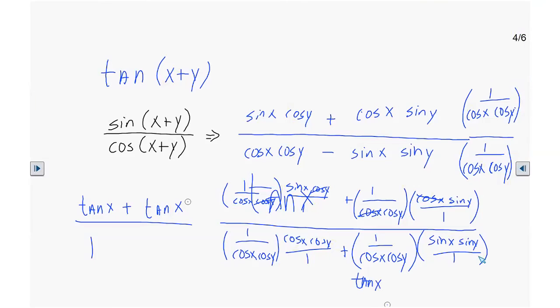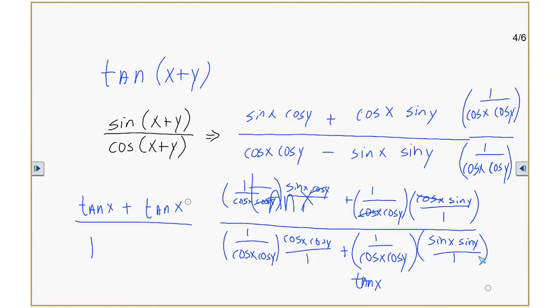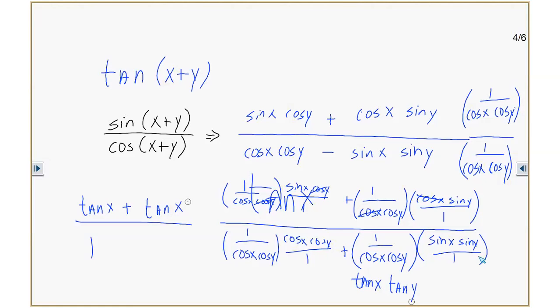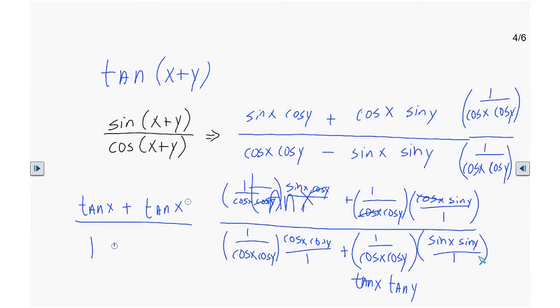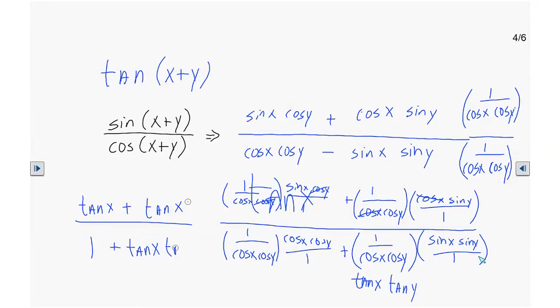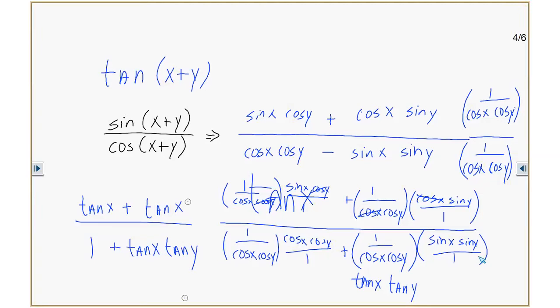Well, sine of x over cosine of x is the tangent of what? And then the sine of y over cosine of y is the tangent of y. So that turns into 1 plus the tangent of x times the tangent of what?